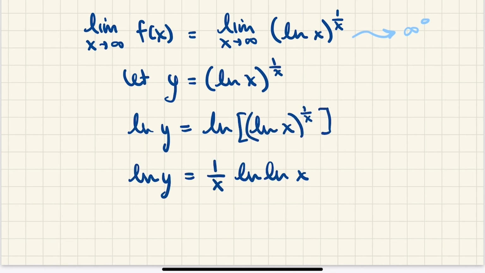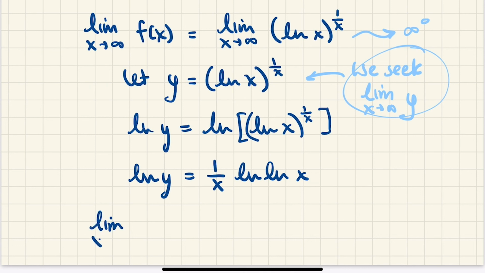So we get ln of y is 1 over x times ln of x. And what are we after? Well, we are after the limit as x approaches infinity of y. So let's not forget that. Back down here, let's take the limit as x approaches infinity of both sides.